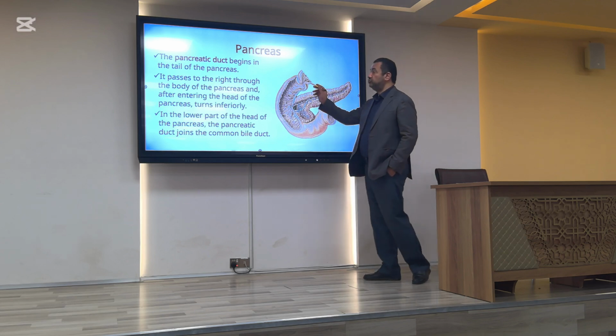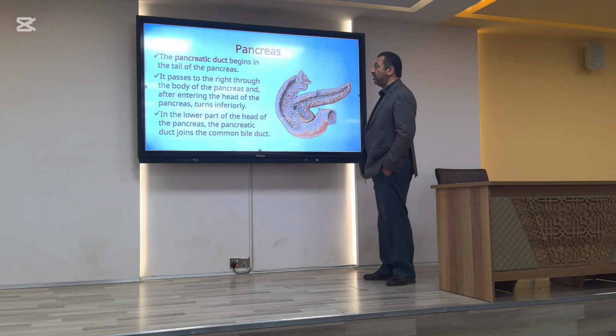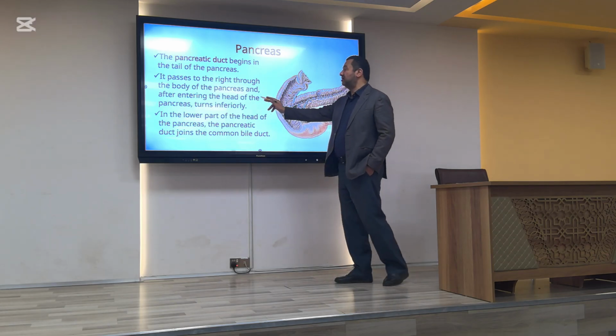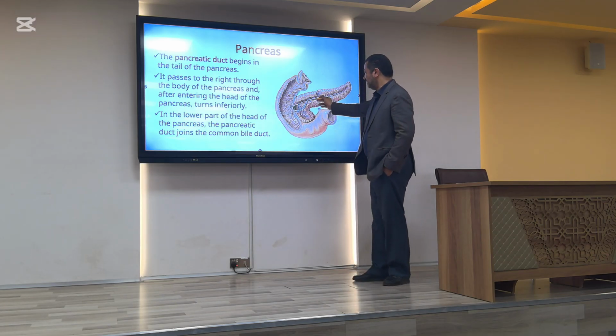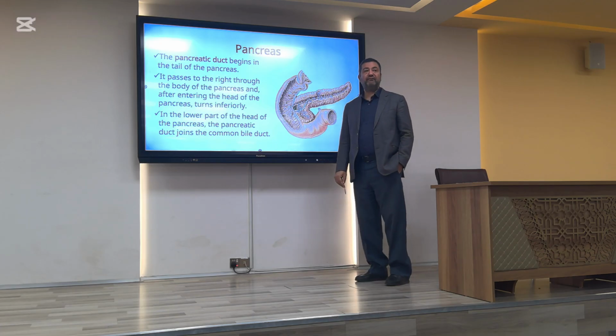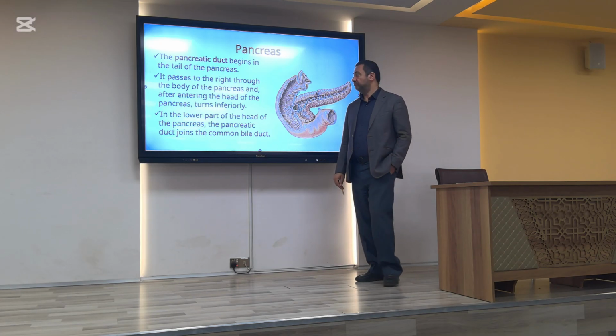It passes to the right through the body of the pancreas, and after entering the head of the pancreas, turns inferiorly. This is the main pancreatic duct or duct of Wirsung.